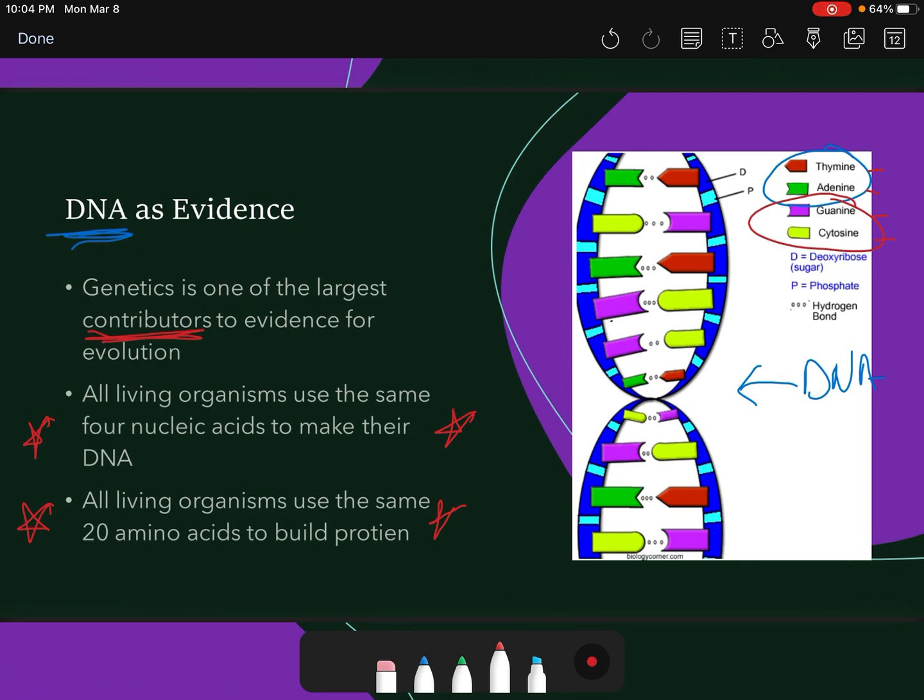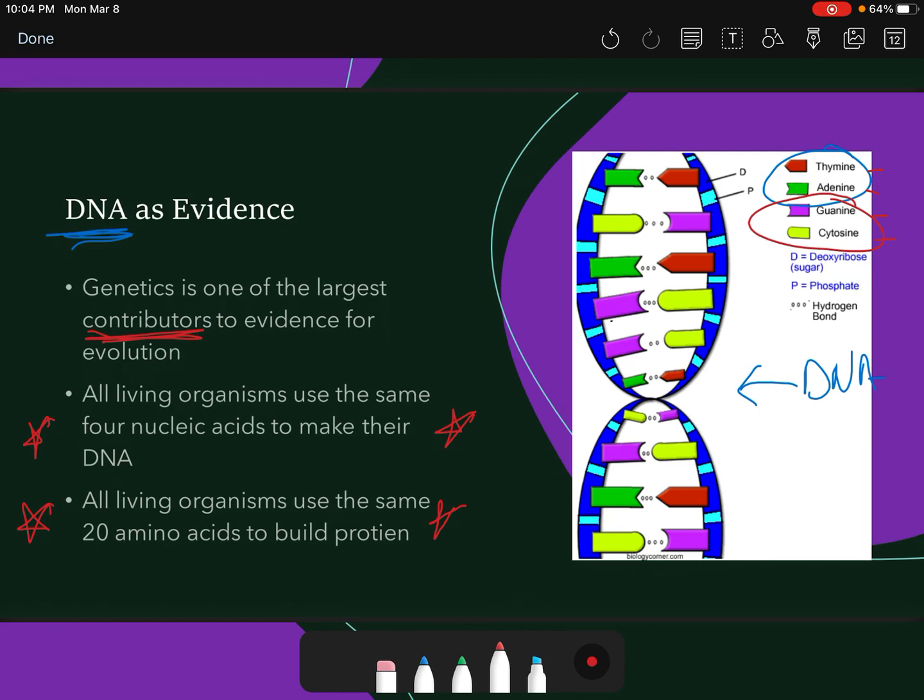These are 2 great pieces of evidence from DNA to support that we all came from a very, very ancient organism, that all life stemmed from this and is continuing to grow and stem off of this very ancient, and by very ancient I mean like 3.4 billion year old, organism.